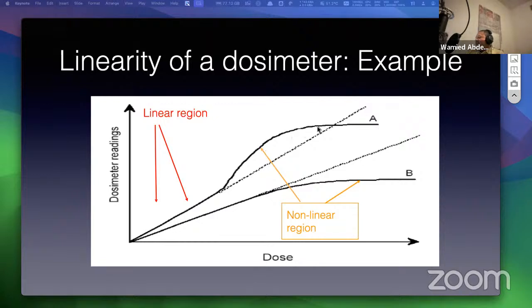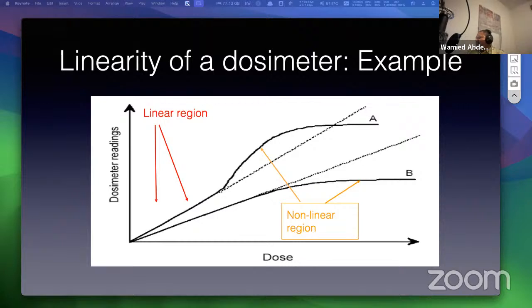So chambers are known to be linear dosimeters, especially in the range used in radiotherapy. But films, on the other hand, are non-linear dosimeters. So if you want to do good film dosimetry, we need to establish a full calibration curve. With a chamber, we can take one reading, put the chamber in a location where the dose is known, get the signal of the chamber, and divide the dose by the signal.